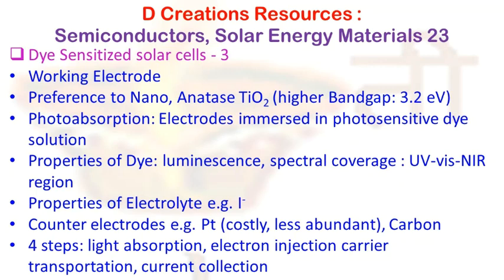The counter electrode catalyzes the reduction of, say, I minus or I3 minus liquid electrolyte and collects holes from the hole transport materials. Platinum is used as a counter electrode because it demonstrates higher efficiencies, but it's very costly and less abundant. So some alternatives are being developed in order to replace platinum, and carbon can be used, or there could be some alloys like iron selenium, FeSe, etc.